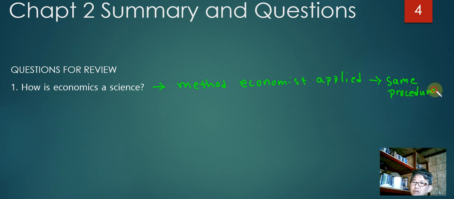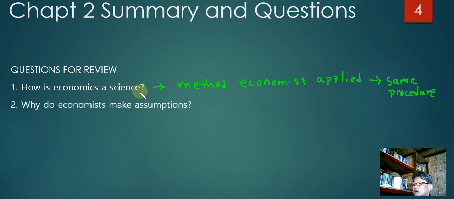They follow as an economist follows, right? Okay, why do economists make assumptions? Because they want to follow the scientific method.